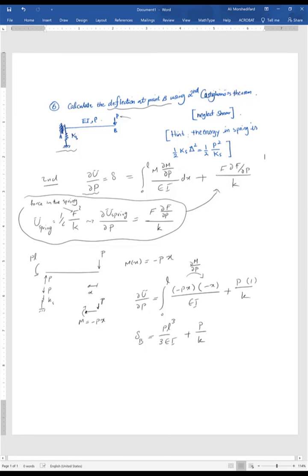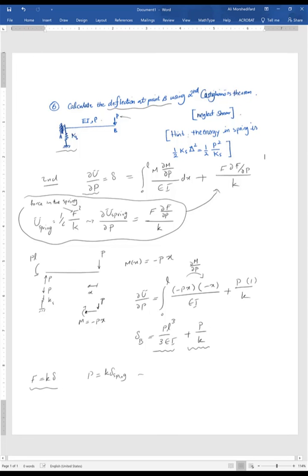You see the effect of a spring is in this part, the effect of the beam itself is in this part. So what does this mean? We know that the force displacement relationship for a spring looks like this, right? And we saw that all the force P has actually gone into the spring. So we expect that P equals K times the displacement at the place of the spring.